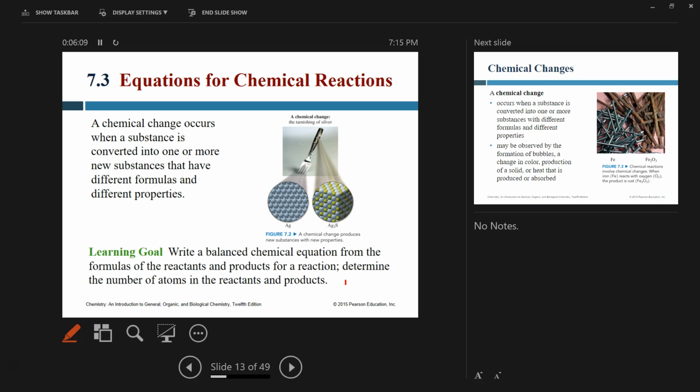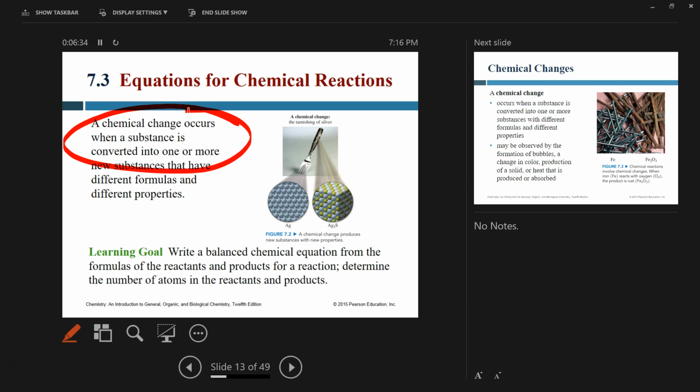Now, we're going to come back to these calculations when we'll be learning how to calculate the amount of chemicals used or produced in the chemical reactions. The chemical reaction is when one substance is changed into another chemically.